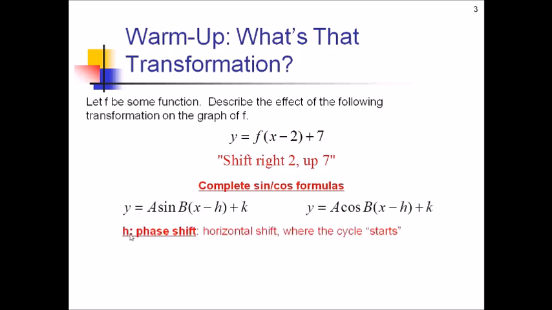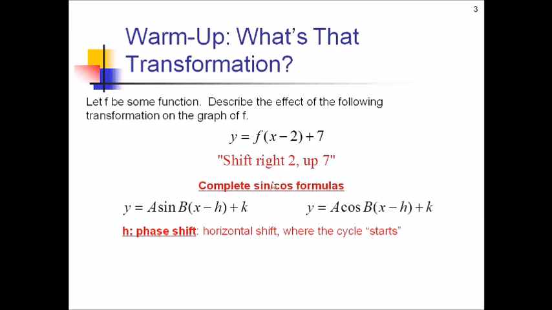H, we call that the phase shift, because periodic functions repeat over and over again in different phases. So when you change the horizontal shift, you're changing which phase is going to be on the y-axis. This is changing basically where the cycle starts, if you're looking at the y-axis.